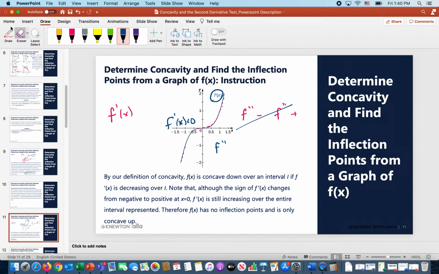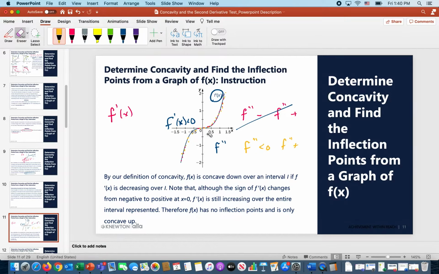I'm sorry, I swapped my paradigm for a minute. These tangent line slopes keep getting more positive. That's what I mean: there's no change from a second derivative that is less than 0 to a second derivative that is positive.